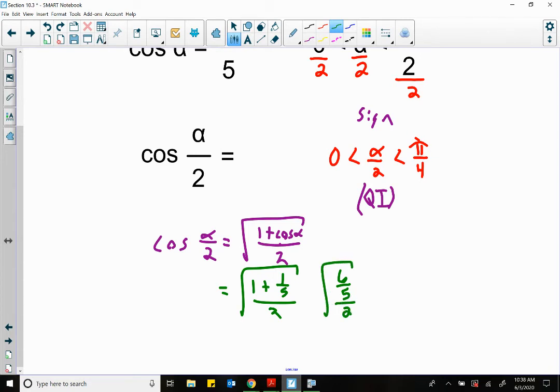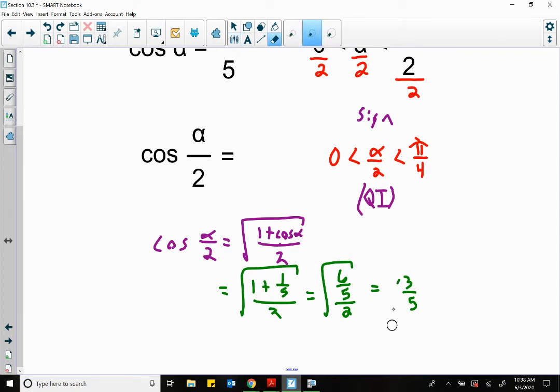So divide by 2. And we get the square root of 3/5. Sorry, I should make my square root bigger. Let's get the fraction in there. And again, this is just fraction work I did on my calculator. It's a horrible radical.